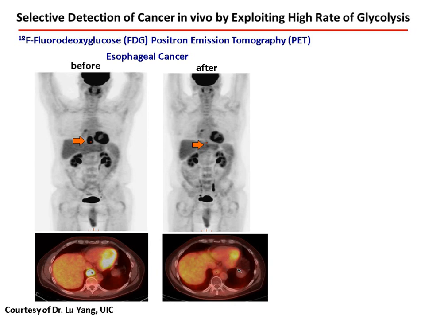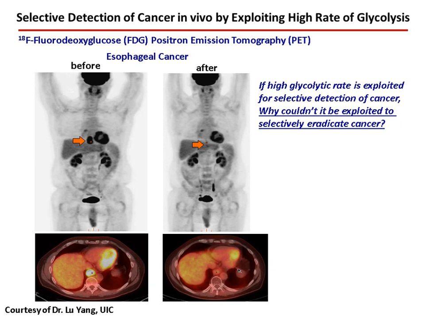For example, using fluorodeoxyglucose, FDG, an isotopically labeled glucose analog, in combination with positron emission tomography and CT scan. What you see in this slide is a patient with esophageal cancer before and after treatment using this technology.